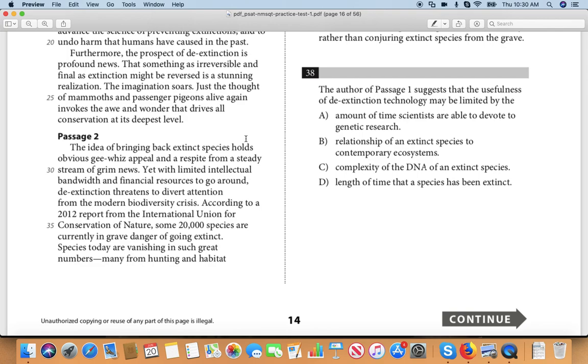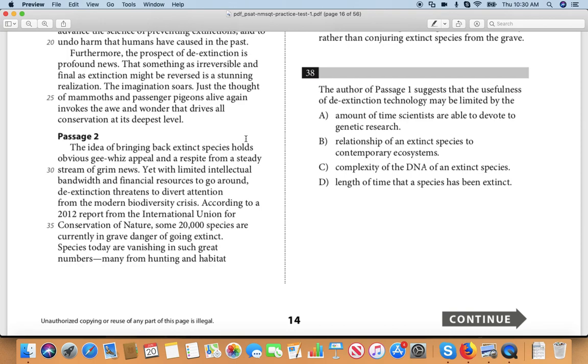The usefulness of de-extinction technology may be limited by the amount of time. That won't make it useful because it takes a long time? No, that's a different idea. Does that make sense, Blaze? It's a really specific question. They're not saying, which of these statements sounds pretty good to you? That's not the question. It's super specific, not a question based on opinion.